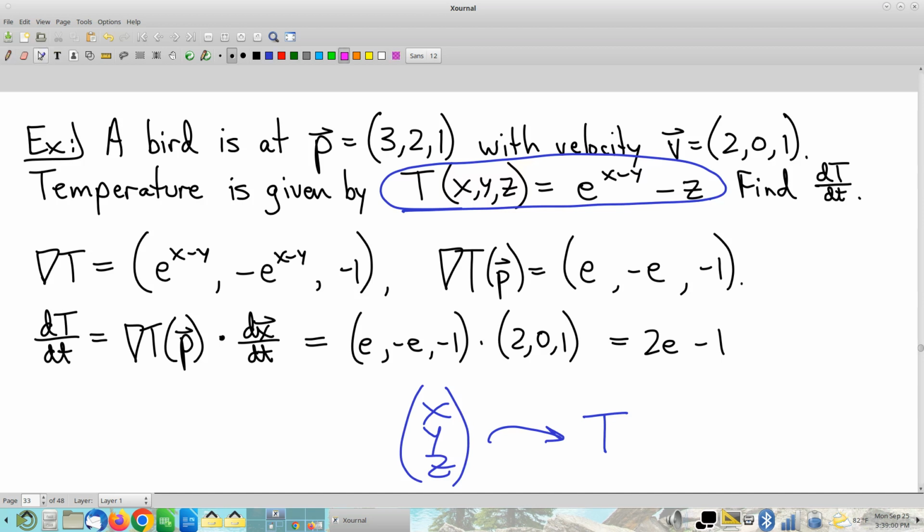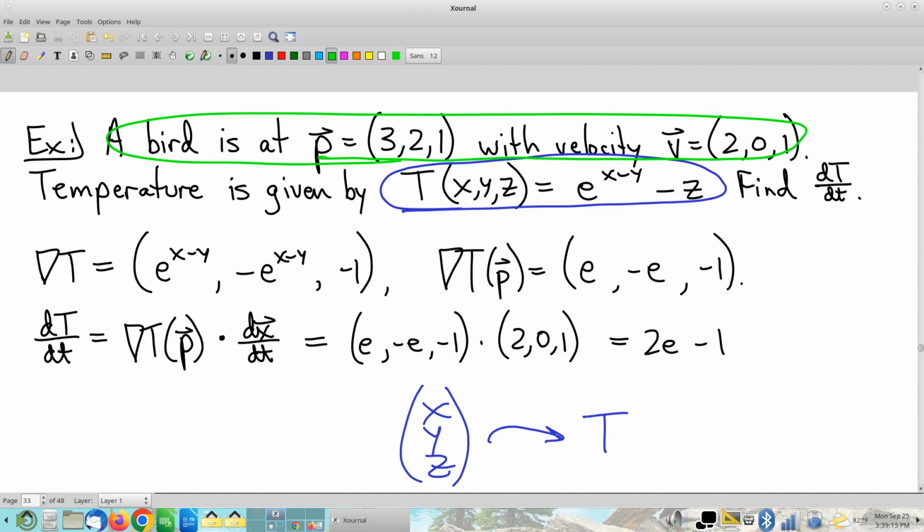Here I have, in a way, described the bird's location as a function of time.